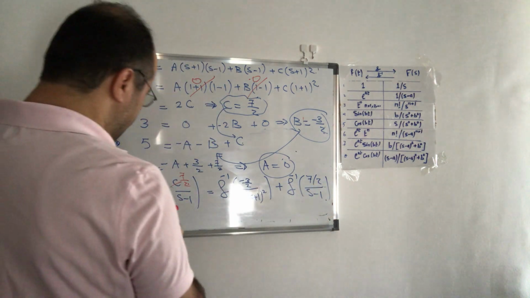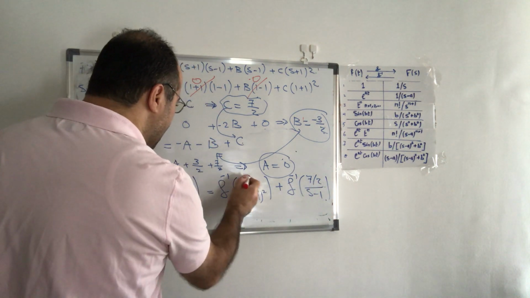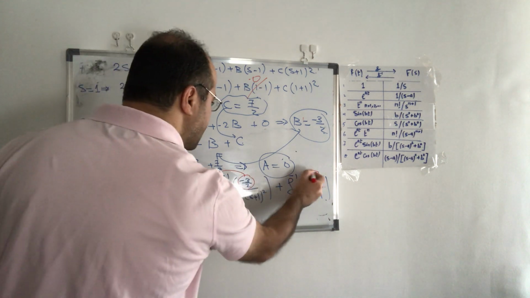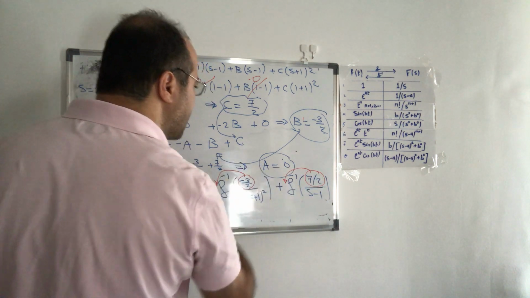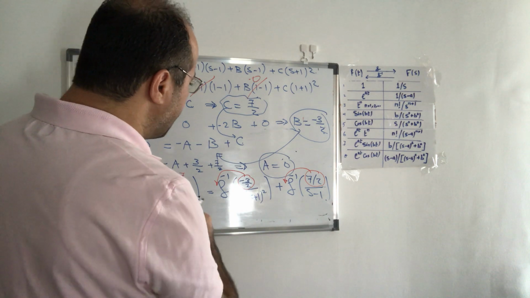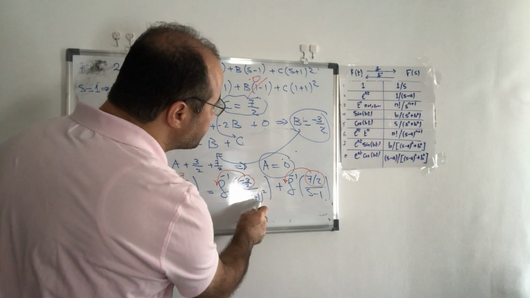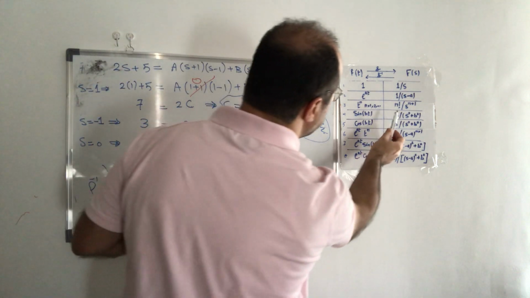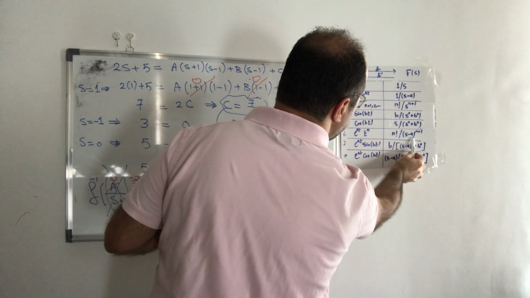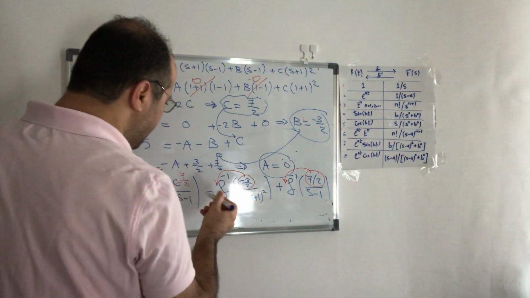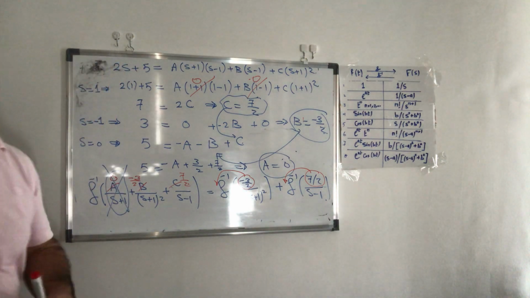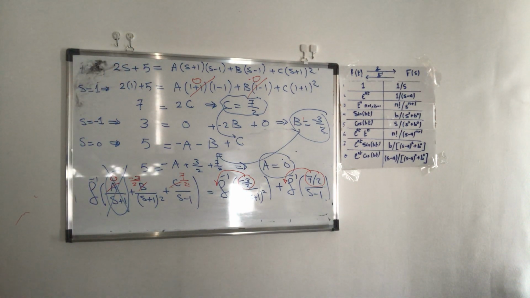Now this constant can go outside the Laplace inverse, and this one can go outside the Laplace inverse, right? And I'm left with 1 over S plus 1 squared and 1 over S minus 1. Okay, so let me go with 2 parts.